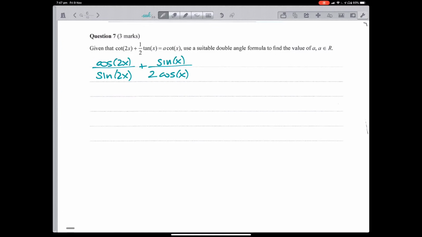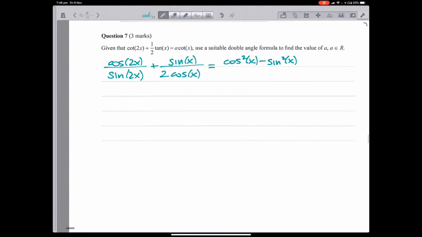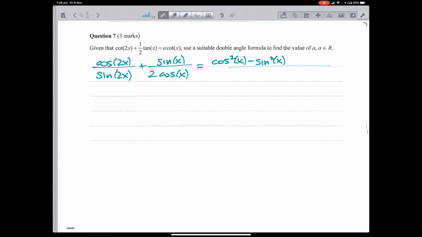Okay, we know that cos 2x is cos squared x minus sine squared x. I'm going to get the same denominator by adding here a sine x on the bottom, because I know sine 2x is 2 sine x cos x.